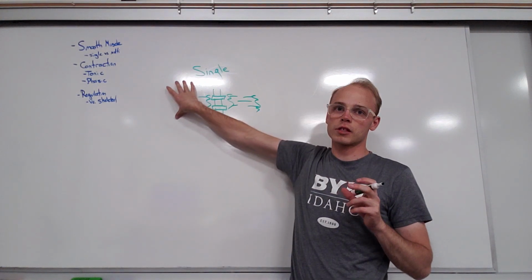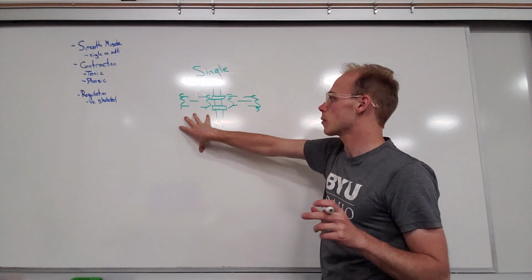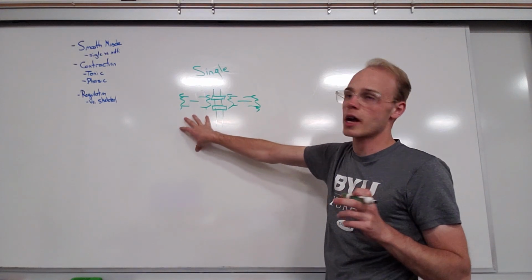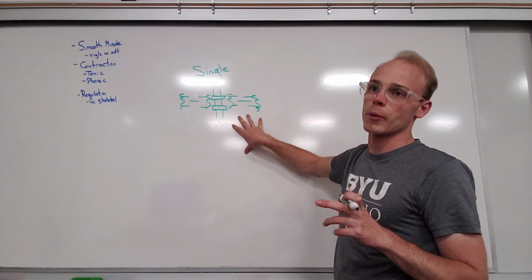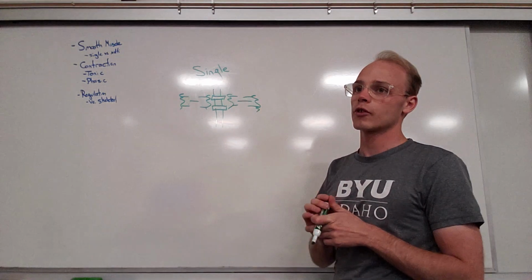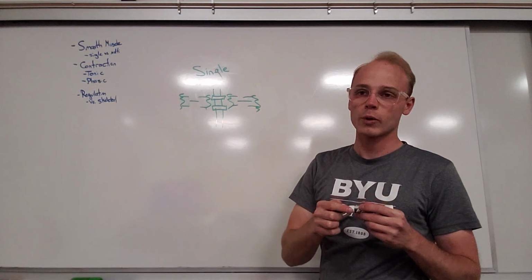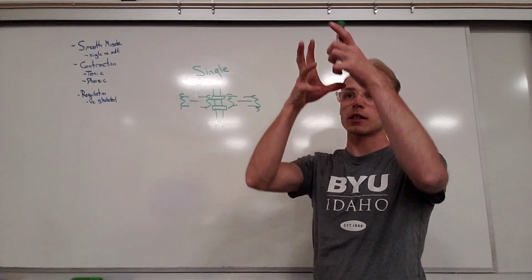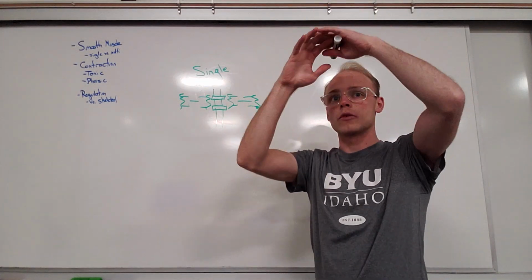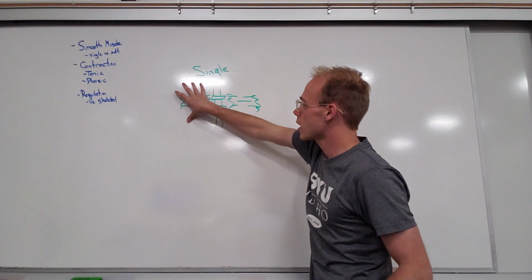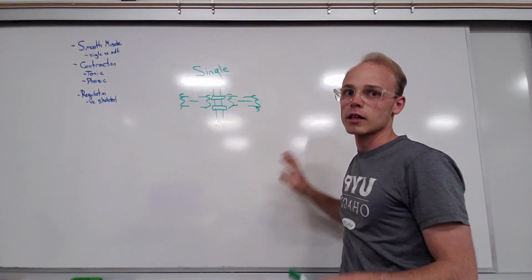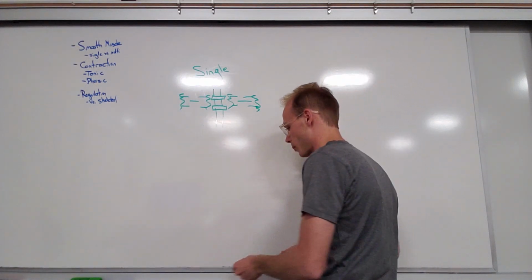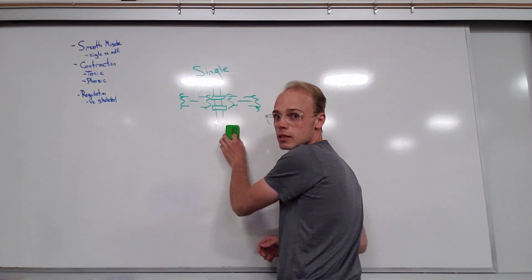So if I've got lots of calcium in here that's causing this specific muscle fiber to contract, it will cause this other muscle fiber to contract. That's really important for things like peristalsis, which is the movement of the smooth muscle in your bowels. It's kind of like this consistent contracting that slowly moves food up. One contracts, and it'll cause everything else to contract. So that's your single unit smooth muscle fiber. Make sense? Great.